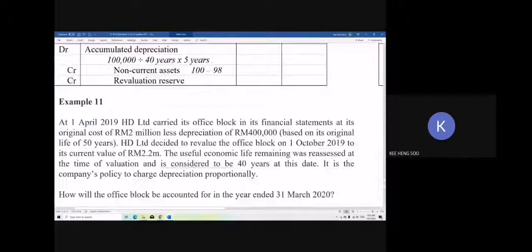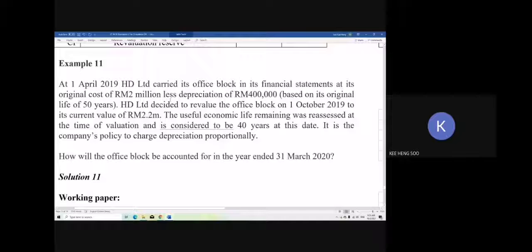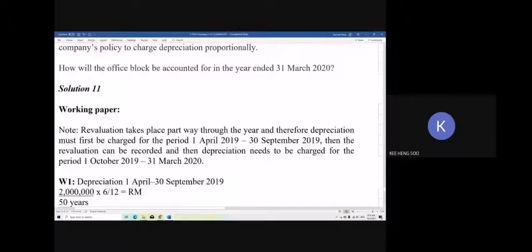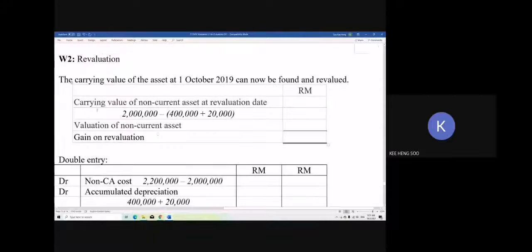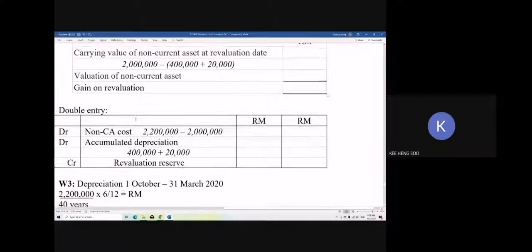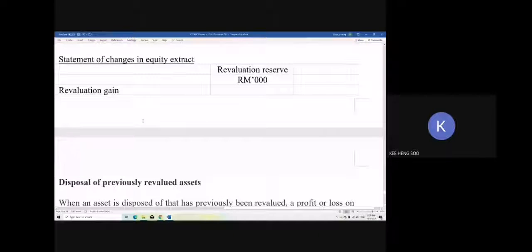Example 11, same thing also. 40 years useful life. The workings are given to you, you just calculate 2 million divided by 40 years times 6 over 12 because it is a 6 month period. Work it out. I'm not going to show you here because I prepared this for your degree level 1. And of course you can show me your answer.